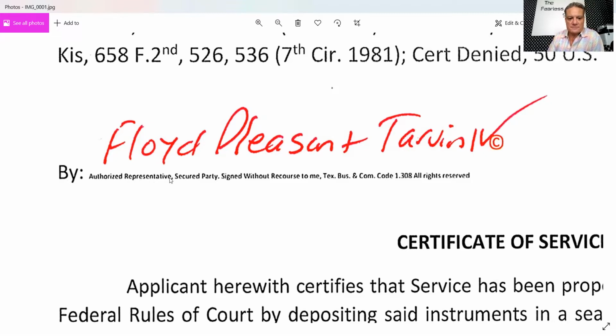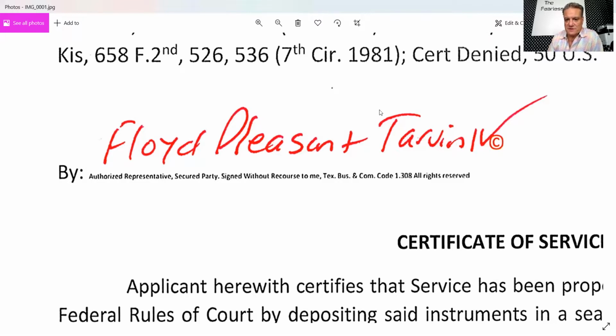Anyway, so what do I have in mind and why do I have it? Authorized representative, okay, which means I am authorized by power of attorney under this appellation to control, sign for, operate, maneuver, anything that has to do with any variation, abbreviation, with or without the suffix of this name. Okay, secured party.